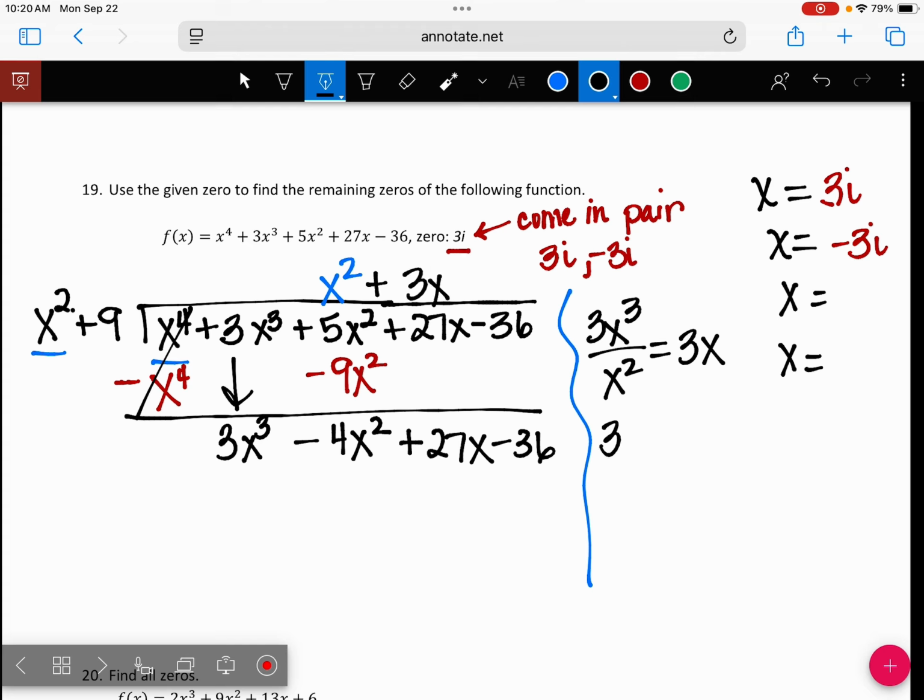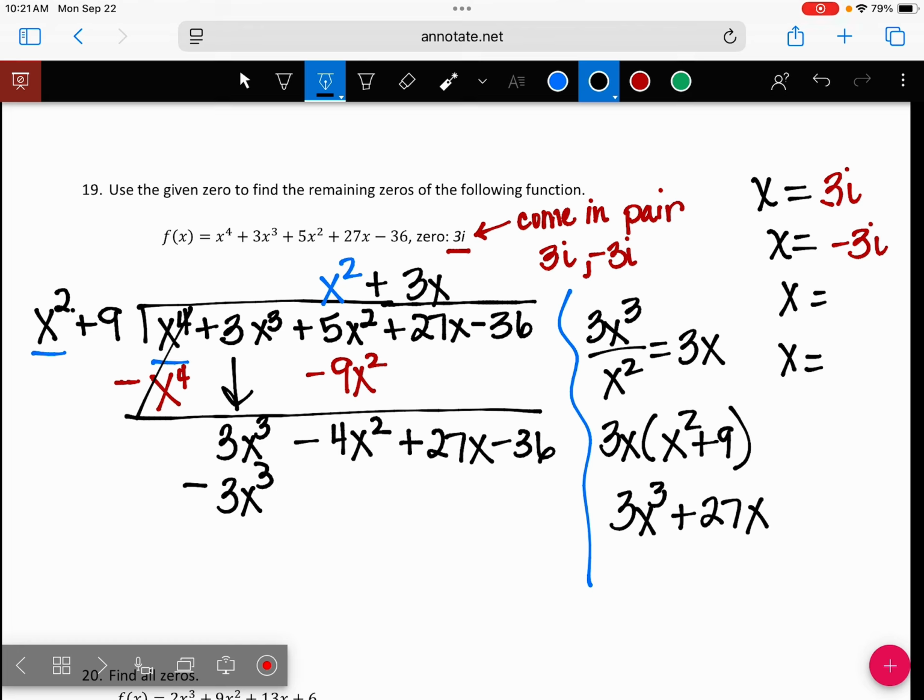Then I'm going to take that 3x and multiply it by x squared plus 9, which will give me 3x cubed plus 27x. When I bring it over and I line up my like terms, all right, that's looking good because two things should cancel out, and they do. So I'm going to bring down my last two terms and do this one more time.